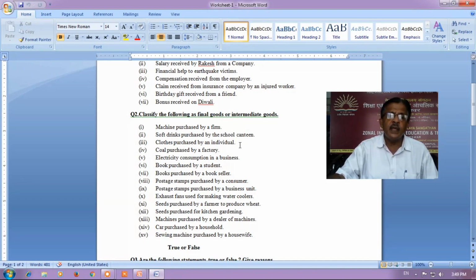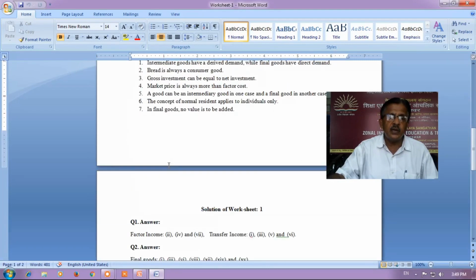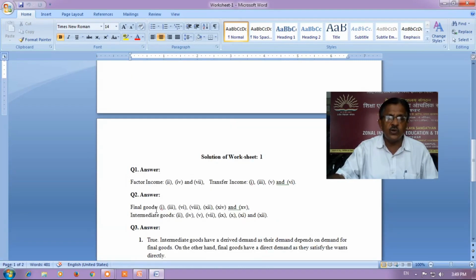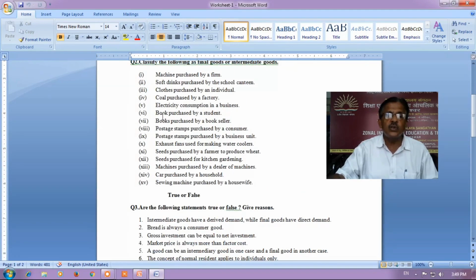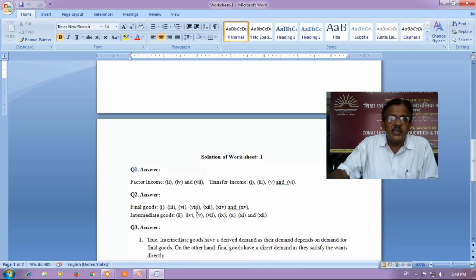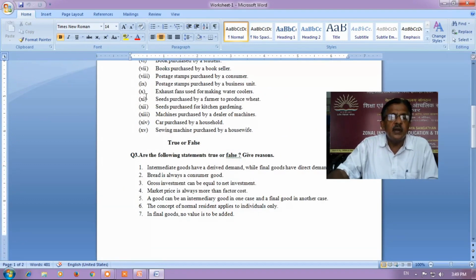Then you see here, once again you cross check: 1, 3, 6, 8, 12, 14 and 15. What is 6? Book purchased by a student. That is a final good. Then 8, what is 8? Postage stamps purchased by a consumer.